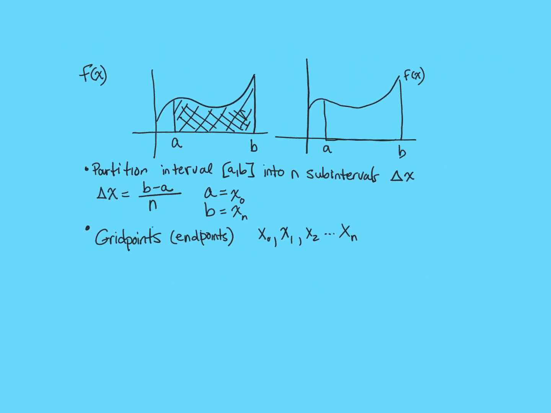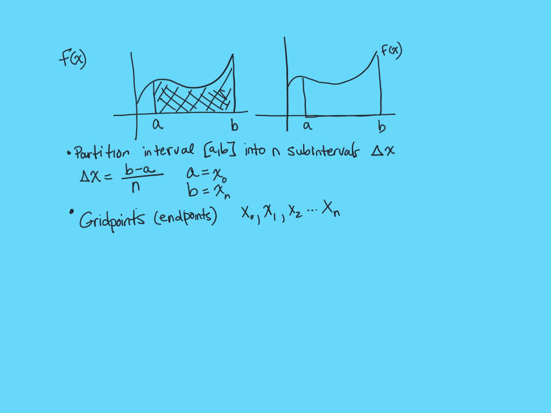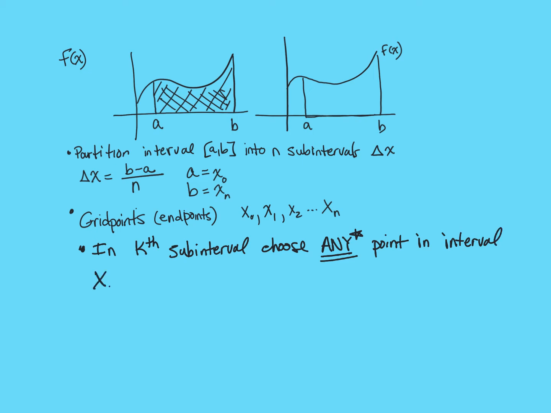Now, in each subinterval, each kth subinterval, we're going to choose some point, and it can be any point. We're going to talk about some specific things later, but it can be any point in the interval. We're going to call that x sub k star, so that will be the point that we choose in the kth interval, and we build a rectangle.